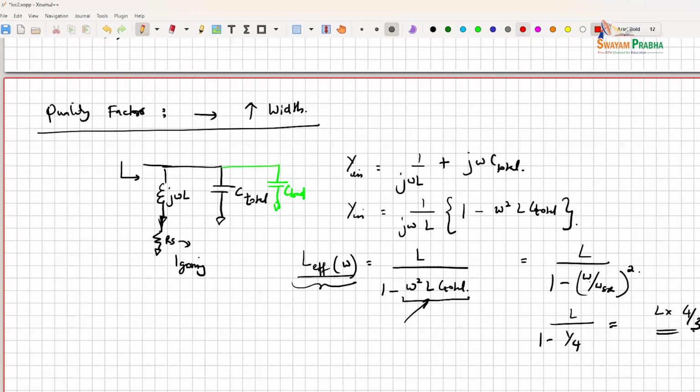If you are willing to absorb this C total into the C load, then the whole design starts working out again. So up to what frequency you can use it is not a straightforward question. It depends upon how you can absorb the parasitics of this into your network. So that becomes the way in which we design.